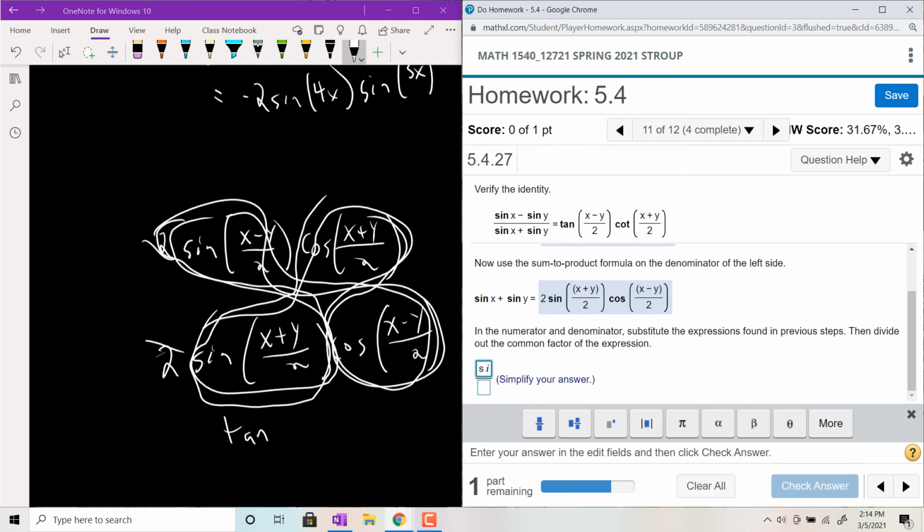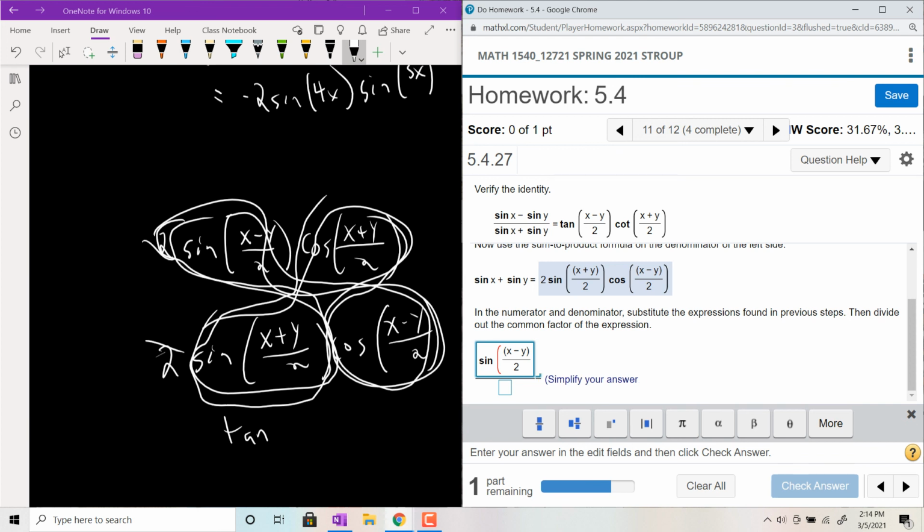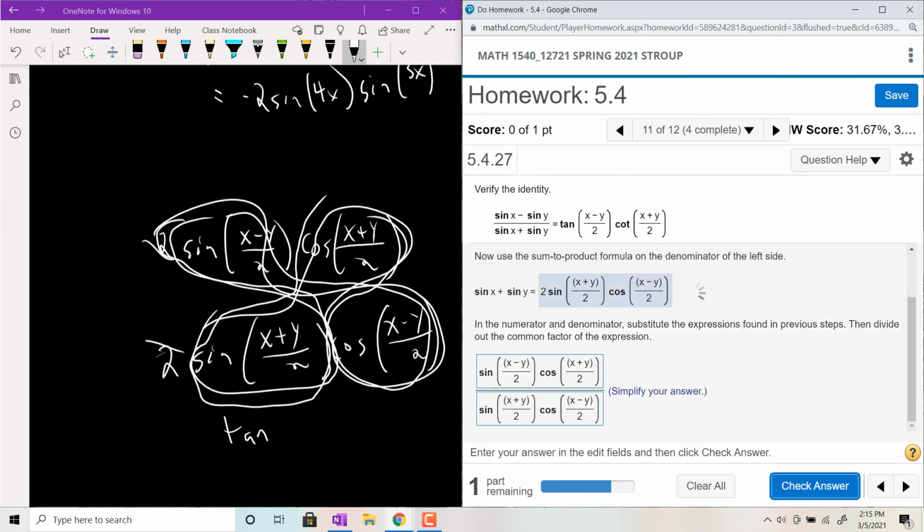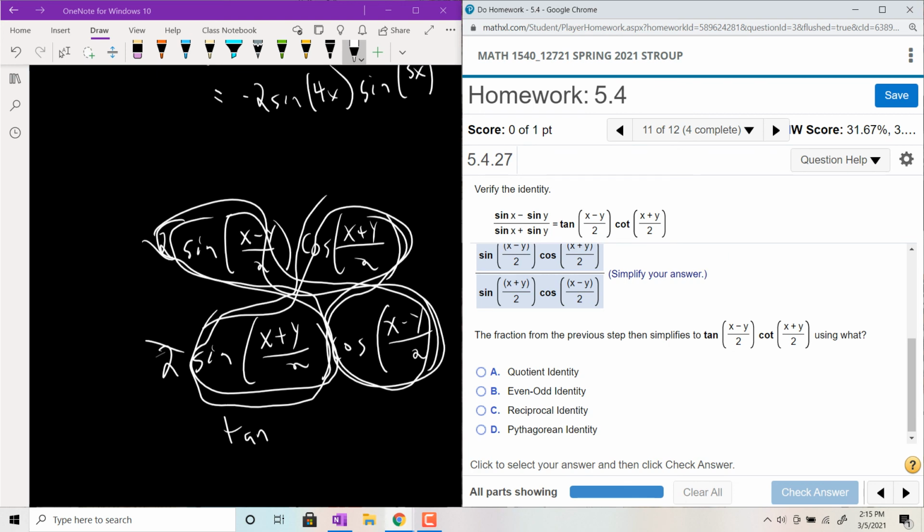So we'll have sine of (x minus y) divided by 2, cosine of (x plus y) over 2, in parentheses, and in the denominator, sine of (x plus y) over 2, in parentheses, and then cosine of (x minus y) over 2, in parentheses. Yay! And those are quotient identities.